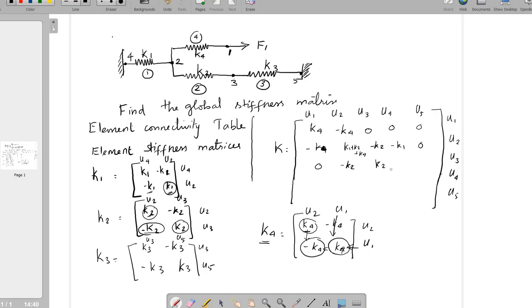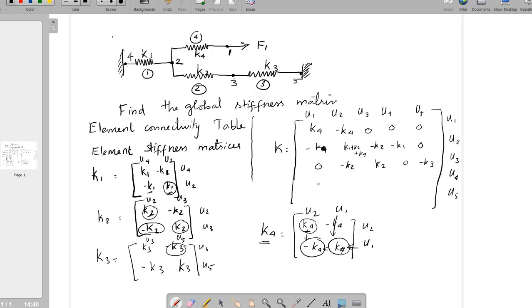U4 U3, there is no connection between 4 and 3, so it is 0. U5 U3, the value is minus K3.